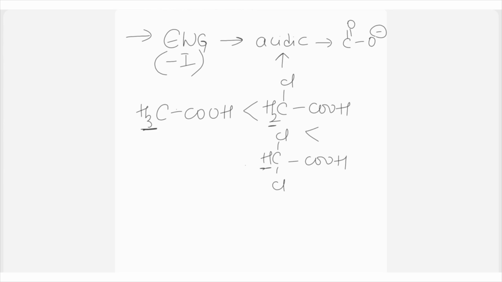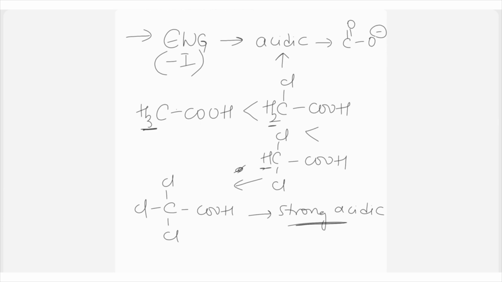Then if the third hydrogen is also replaced with chlorine, trichloroacetic acid is even more acidic. So as the electron withdrawing groups increase in the acid, the acidic nature also will increase. So -I effect is directly proportional to the acidic behavior of the acid.